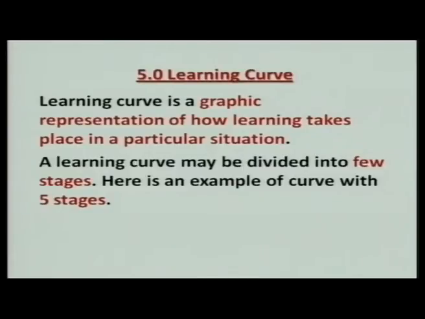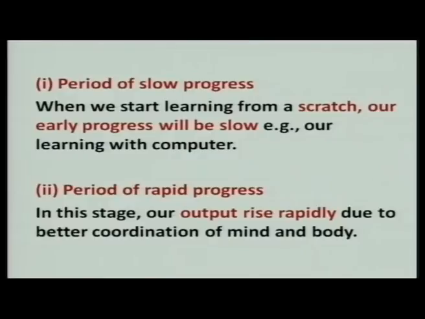Say, for example, you have started learning computer. When you learn something from scratch, and you didn't know anything about computer, then at the initial stage your learning will be slow. This is called the period of slow progress, because for the first time in your lifetime you are going to learn this.